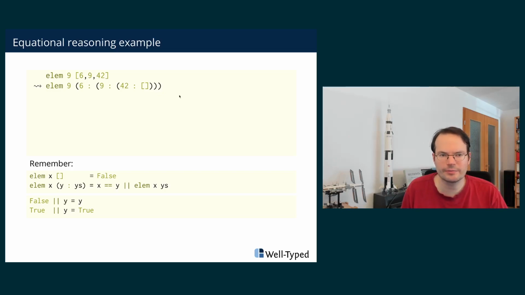Now, if we look at this expression after having removed the syntactic sugar, it's an application of the elem function, right? So at this point, we start looking at the definition of the elem function, and we start checking whether this concrete call we have here matches the first or the second equation. It does not match the first case because here we expect an empty list, but we have a list that is 6 cons something.